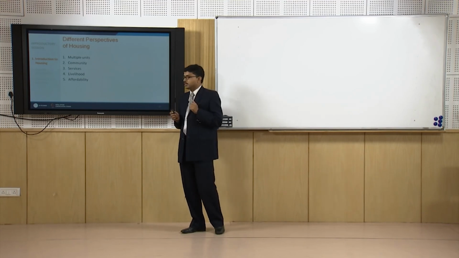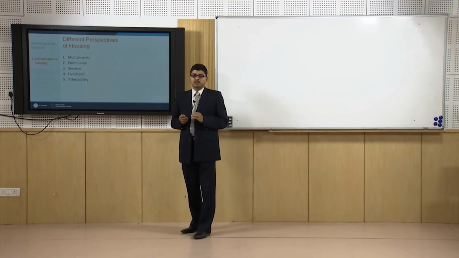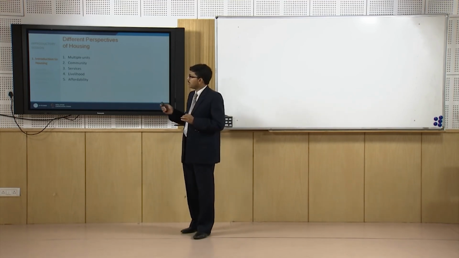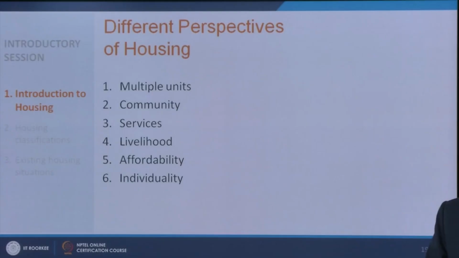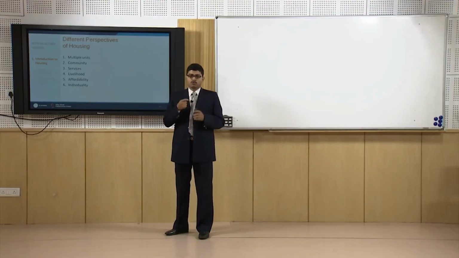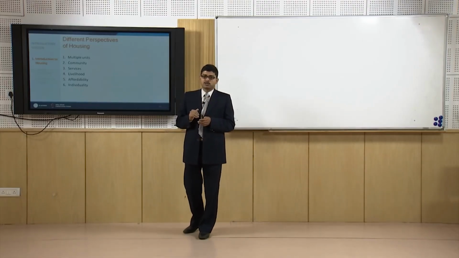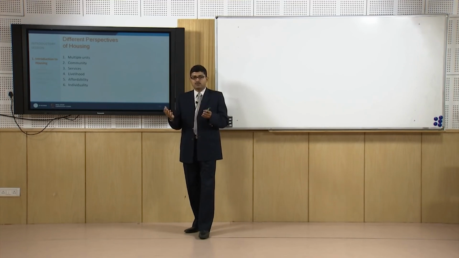So, affordability is a very crucial financial aspect in defining housing, and at last it is the individuality, which is also a very important part, because ultimately, as an individual, when we stay in a house or live in a housing complex or in a community, it is the relation between the individual and the space.